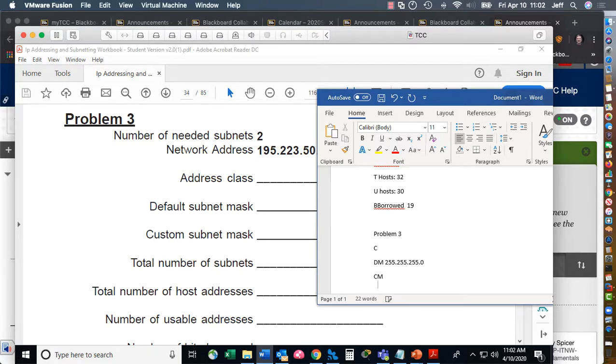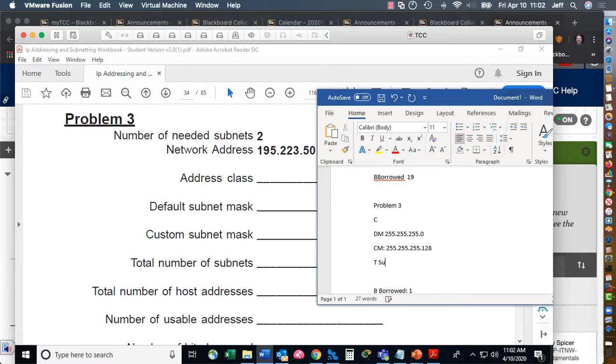To do that, our borrowed bits only need to be 1, right? If we borrow 1 bit, we can have 0 and 1. That's 2 options. So if we borrow 1 bit, our custom mask becomes 255.255.255.128, because we take that first 128 bit.